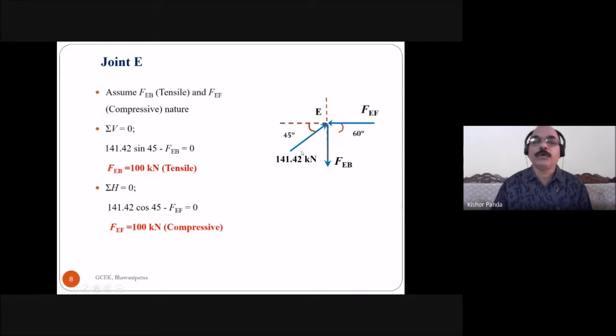So 141.42 cos 45 minus FEF is equal to 0. And here FEF is equal to 100 kilonewton, and here also you got the positive value. So the assumed direction is okay. FEF compressive, so this is okay. So the force in the member EF is 100 kilonewton compressive, and the force in the member EB is 100 kilonewton tensile.